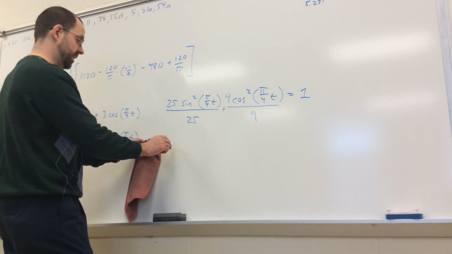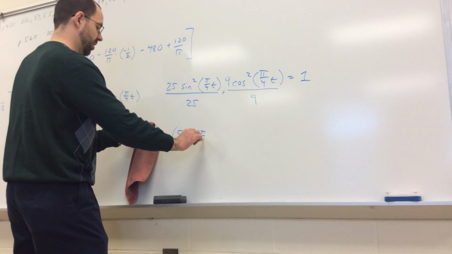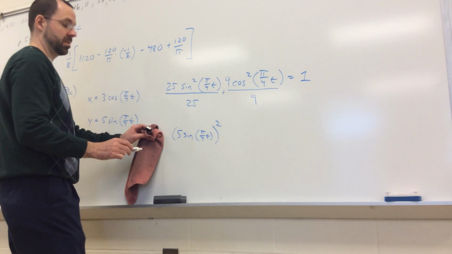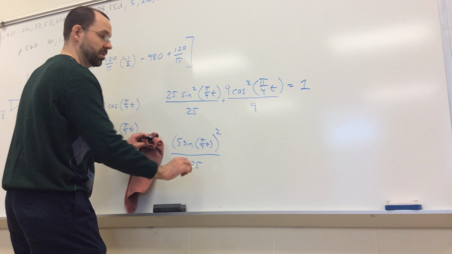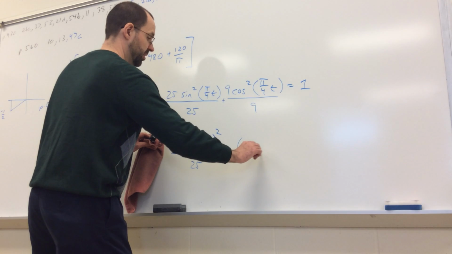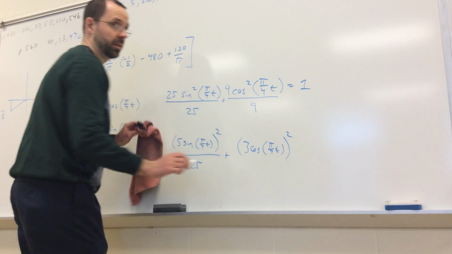Okay, so then the reason I did that is this is 5 times the sine of pi over 4t squared. And this is 3 times the cosine of pi over 4t squared.